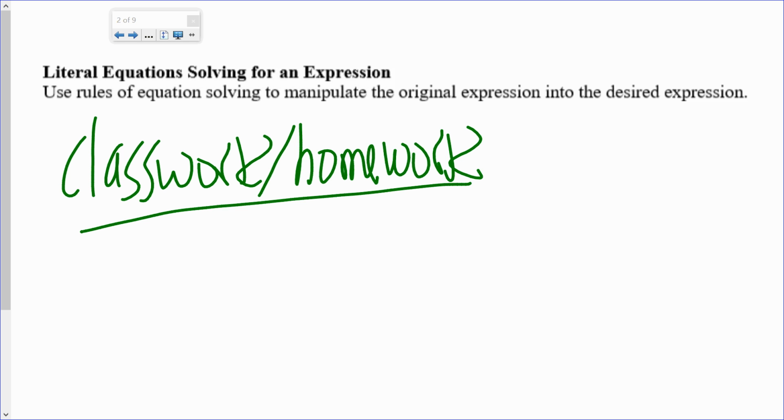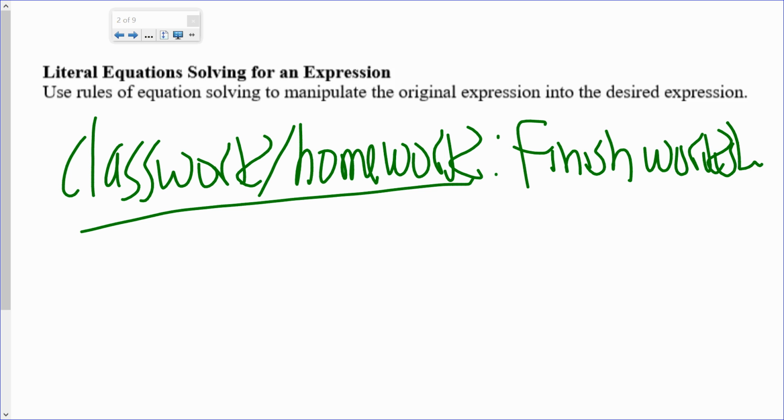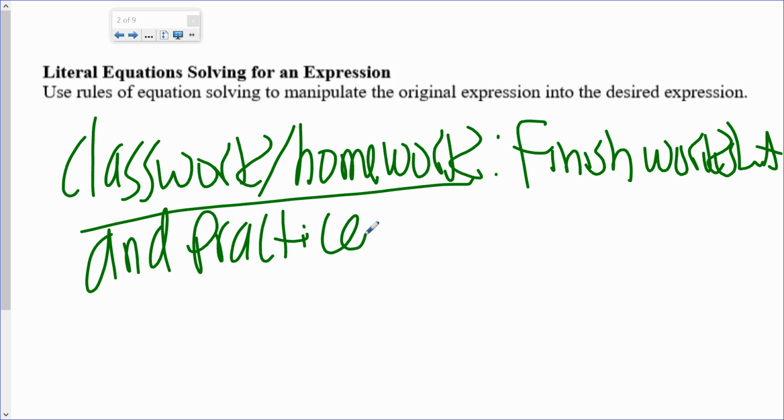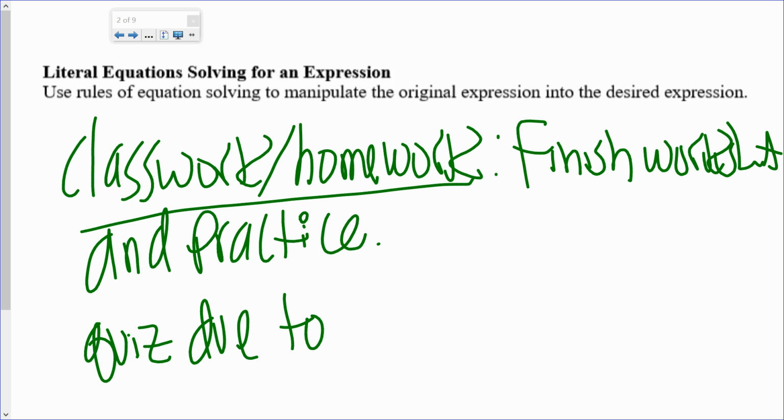Your classwork and homework is to finish the worksheet and practice. It's a conceptual lesson, so some of you might have trouble with it, so definitely look over the examples that we did, and you're going to have a quiz due tomorrow night.